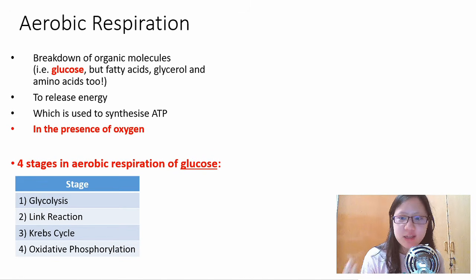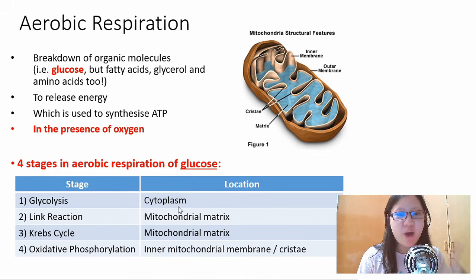But to facilitate that process, you do need to memorize the names of the stages first, and also where it occurs. So here are the 4 stages: glycolysis, link reaction, Krebs cycle, and oxidative phosphorylation.